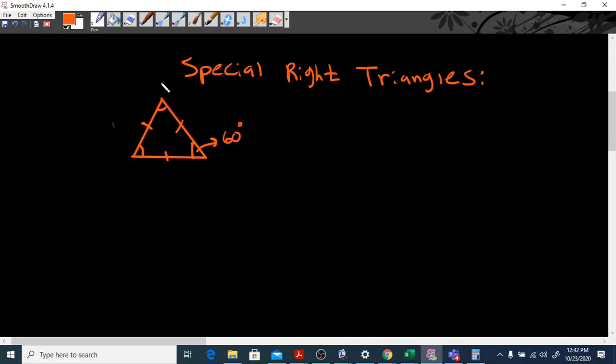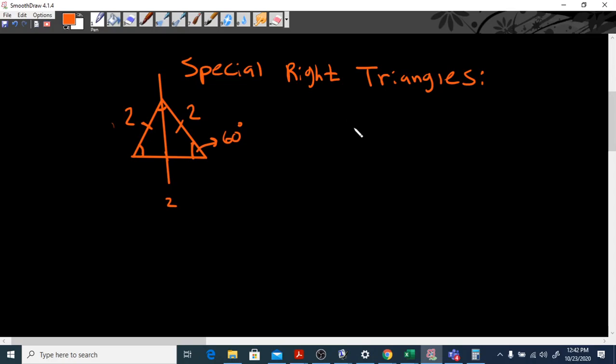And now what we're going to do is cut this thing in half. We're going to let one of the sides here be 2. If this side is 2, then this side is 2, and this side has to be 2, because all the sides and angles are the same.